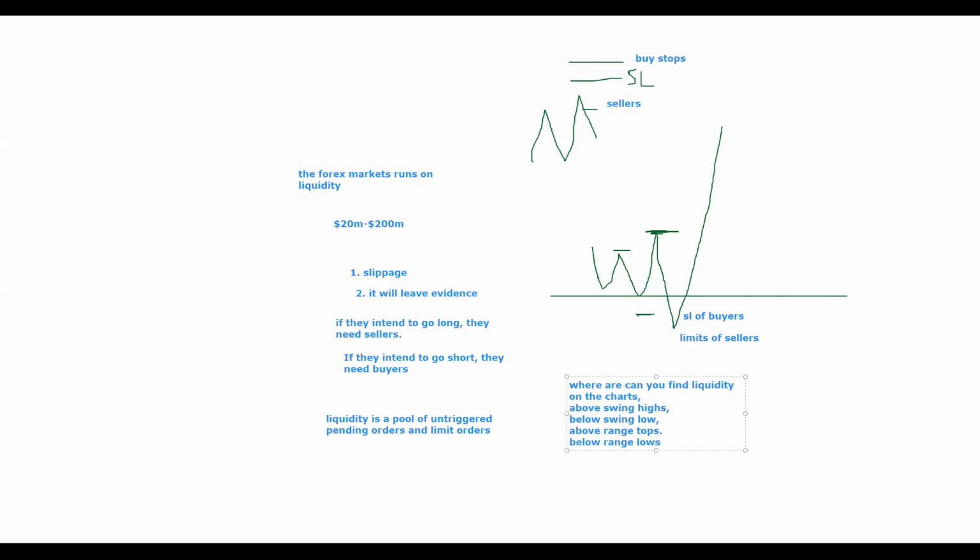And the time frames: monthly, weekly, and daily highs and lows. So these are where you can find such liquidity. Are we on the same page before I move on? Because once I leave here, I'm going to move over to the charts.